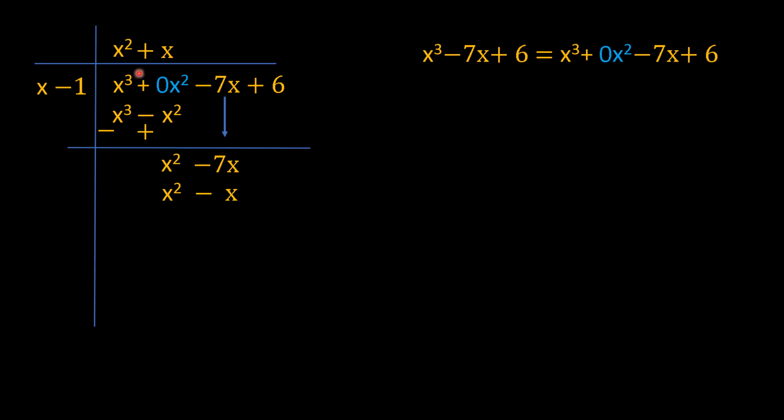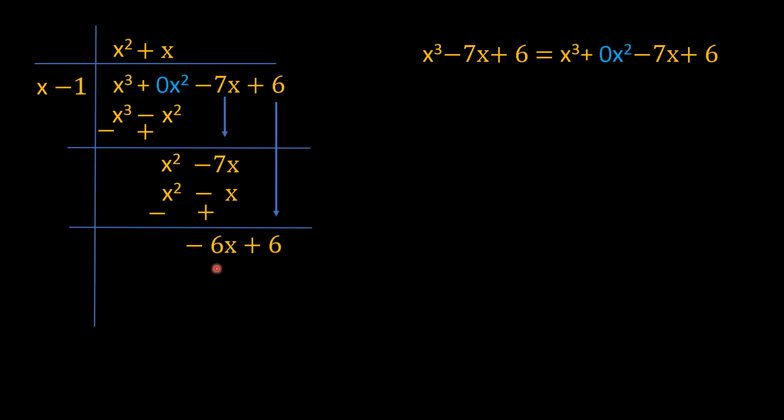Then x multiplied by minus 1 will be minus x, which we write here. After this we will change the signs. This plus becomes minus and this minus becomes plus here. So x squared minus x squared will be 0, and minus 7x plus x will be minus 6x, which we write here. After this we will pull down this 6 and write over here.